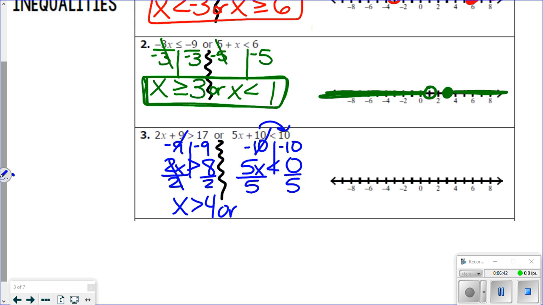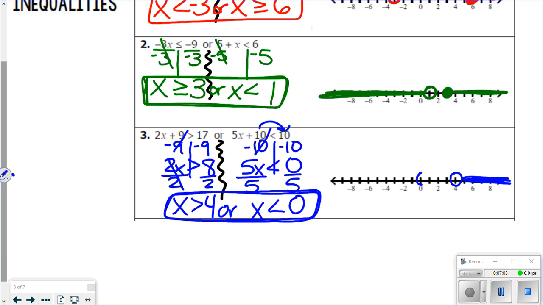And we get x is less than, we have 0 cookies for 5 people, so they get 0 cookies. So this would be my final answer. X is greater than 4, open circle, greater shades to the right, or x is less than 0, so an open circle at 0, and we shade to the left.